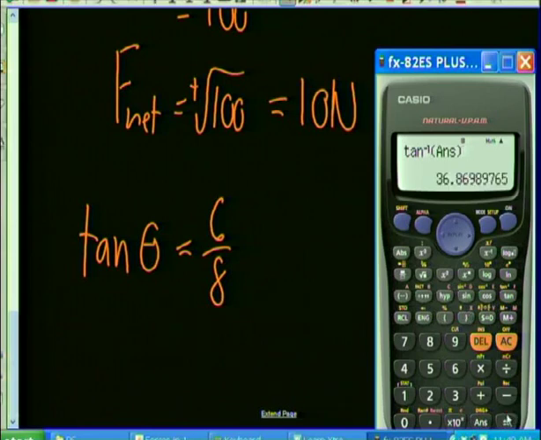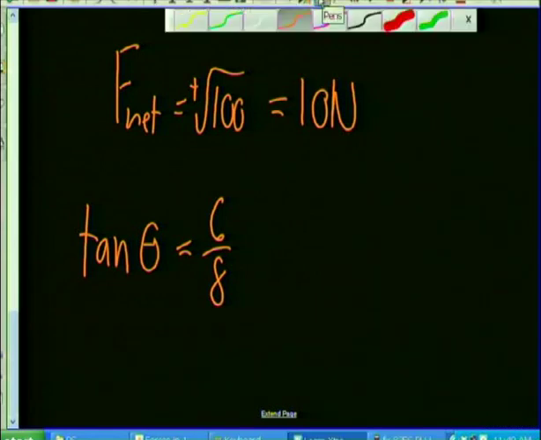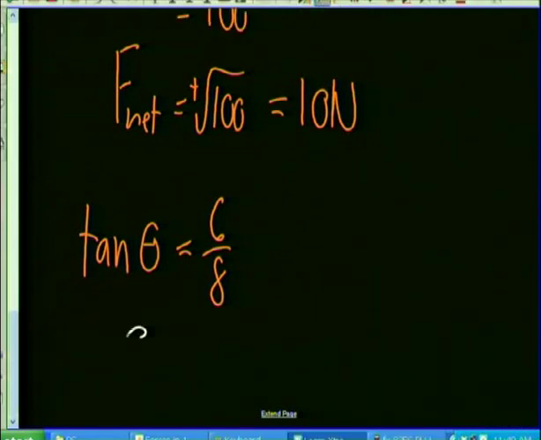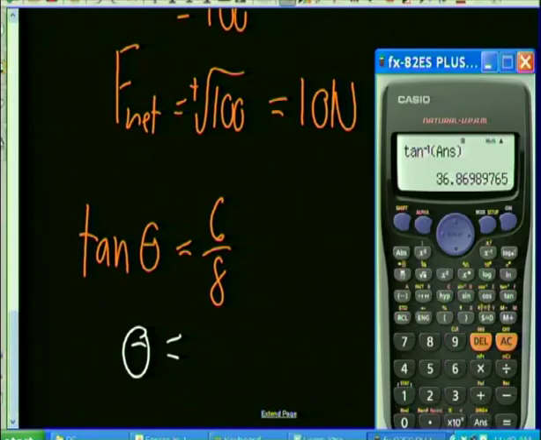I'm going to say equals. And from that, I can now read on my calculator that the answer of theta is equal to 36,87 degrees, rounding to 2 decimal places.